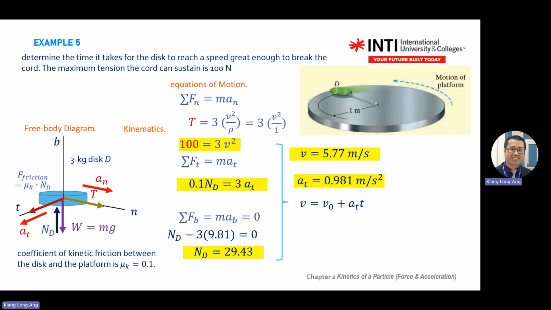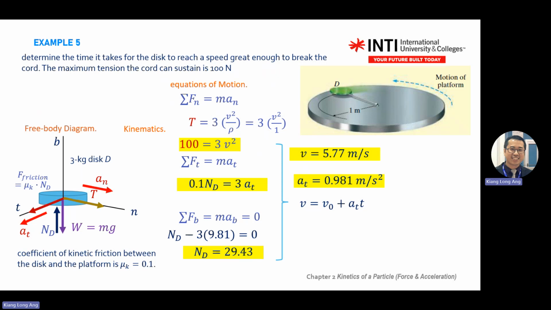Since you already have v and a, and you know the initial velocity is 0, this is the final velocity that makes the tension become 100 Newton. So you have v, v naught, and a, and you can find the time.